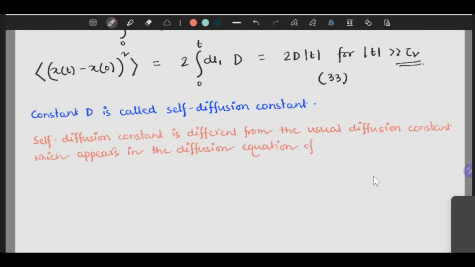of particle concentration. Because so far in your college days you talked about the diffusion coefficient for a concentration gradient, right? So this diffusion constant is a collective one.